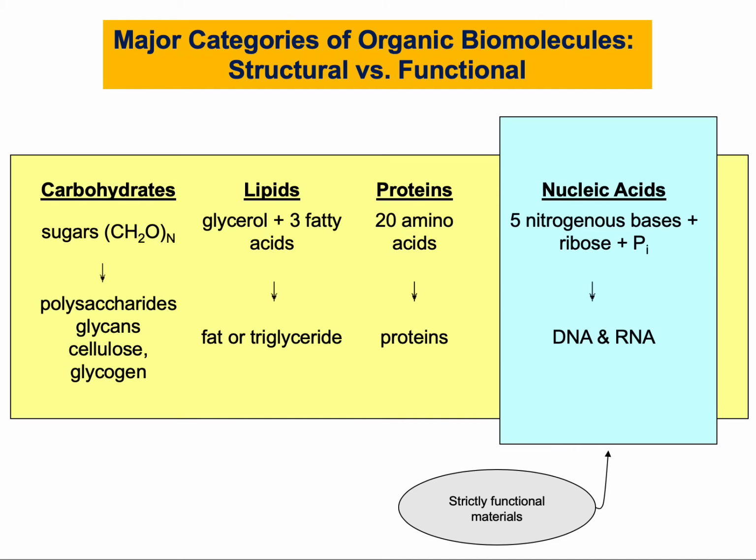So we talked about proteins, we talked about lipids, and we've described that there are functional and structural biomolecules. And also carbohydrates, which could also be functional and structural. However, there is one category of organic biomolecules, the nucleic acids, which are only functional, they're not structural. So they don't support loads or withstand stresses and strains.